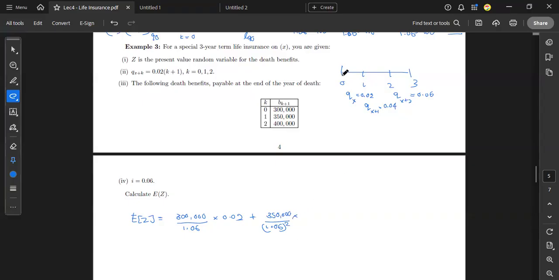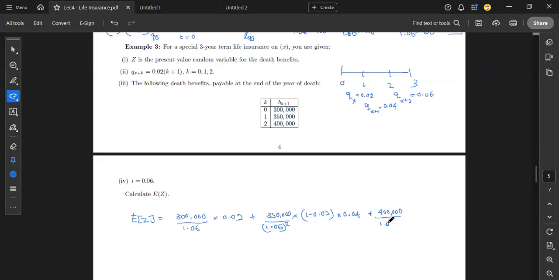And for that, the person has to survive the first year. That means 1 minus 0.02 for the survival probability, and the death occurs with the 0.04 probability. And then, if that person survives the first year and the second year, and then the death occurs, the benefit is being paid at this point, and you have to take it back after 3 years. The benefit amount is 400,000.